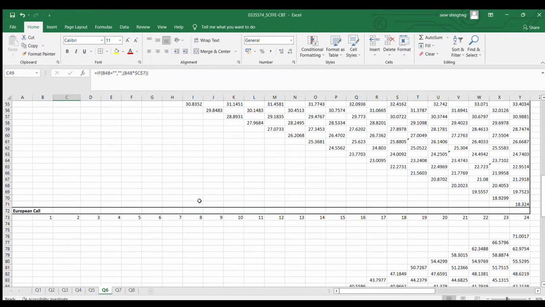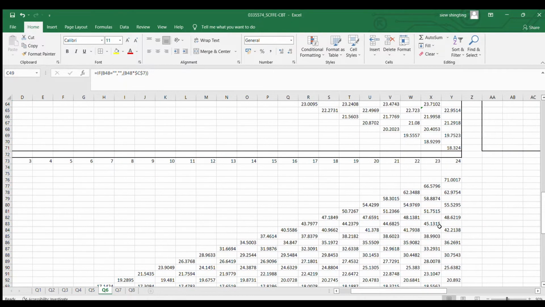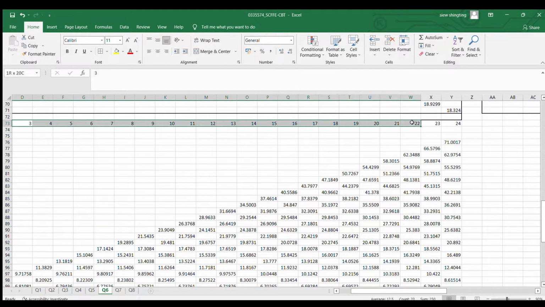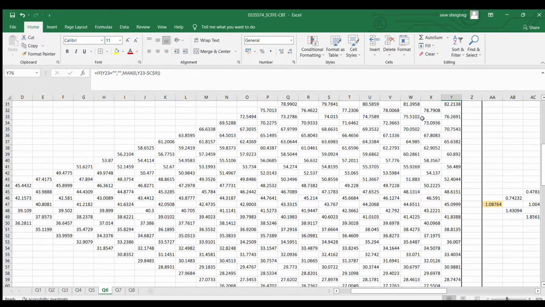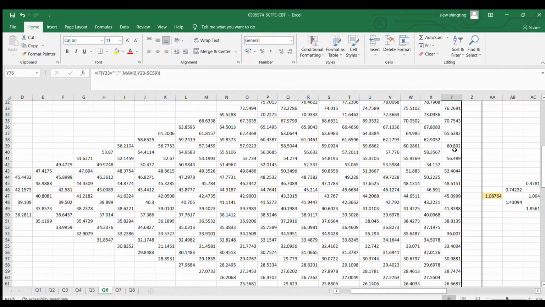After that, we need to calculate the European call. For the European call, we need to calculate from the back side. We set the same 24 periods. From the back side, we use Y23, which comes from the binomial tree; the 24th period is the last one.